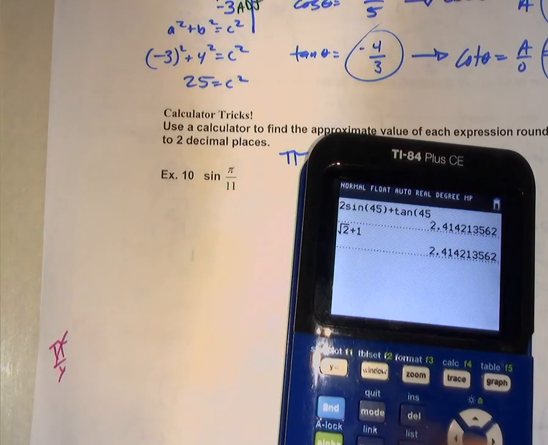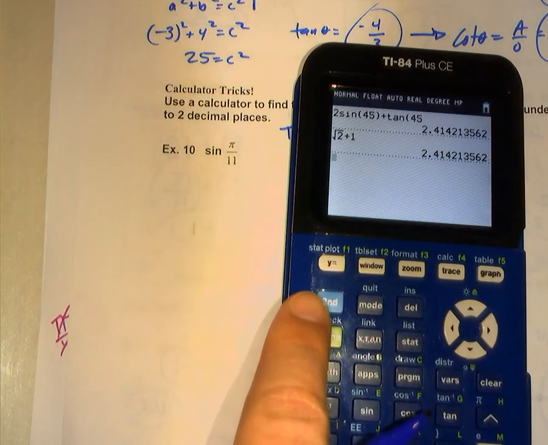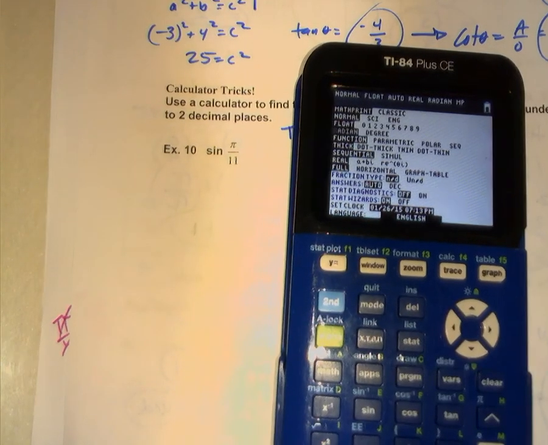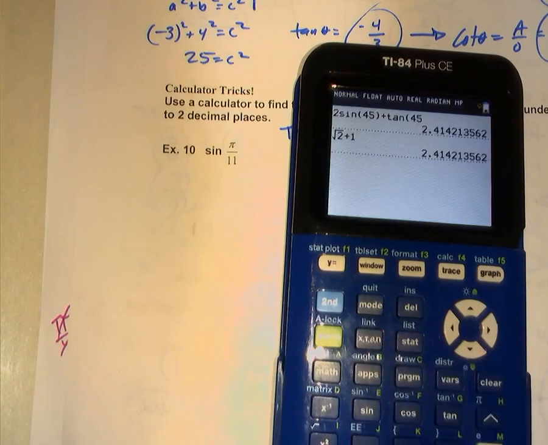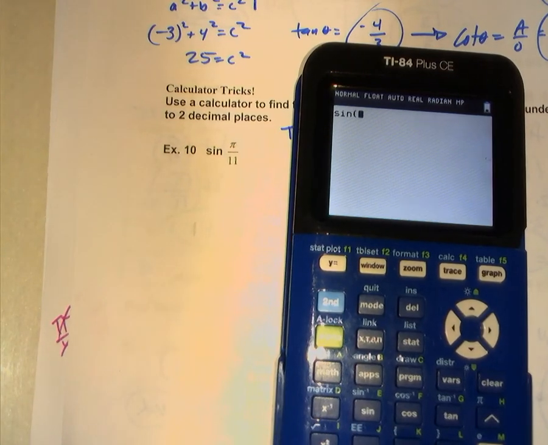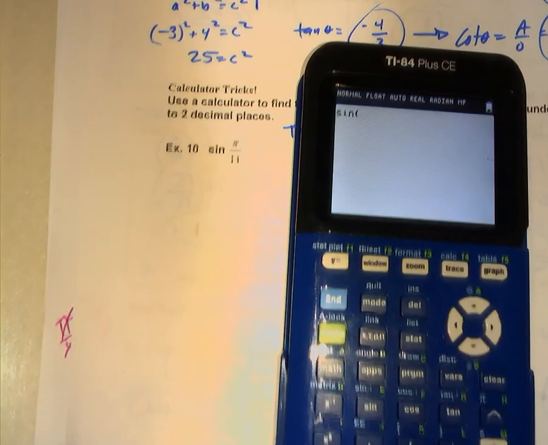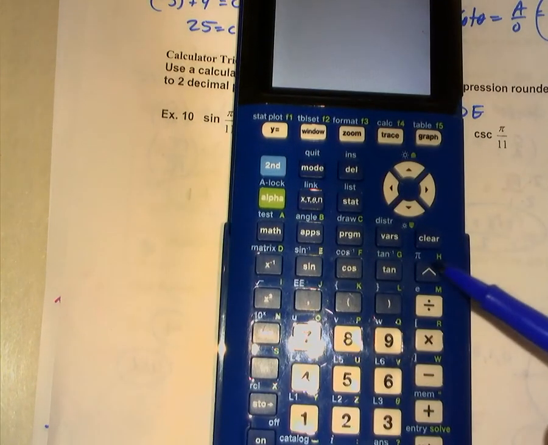So mode is up here, right next to the second button. Go down to radians, click enter. Now it's highlighted, I'm in radians. All right, so I want to type in the sine and then pi over 11. Where's pi on your calculator? Yeah, the raised 2 button.